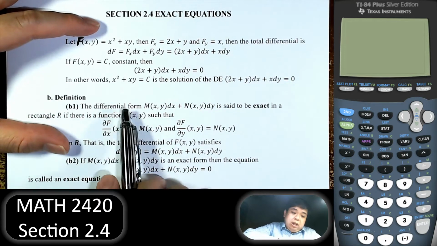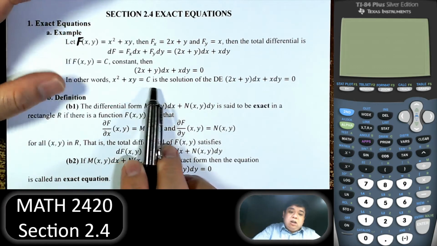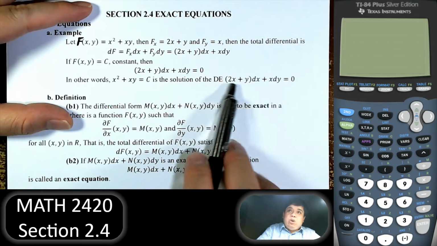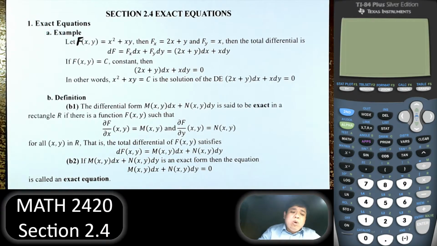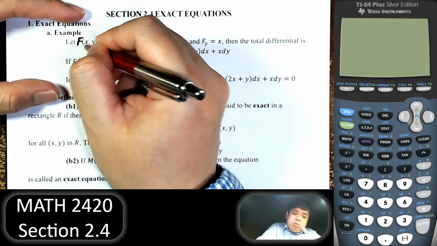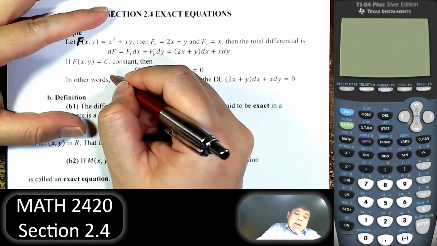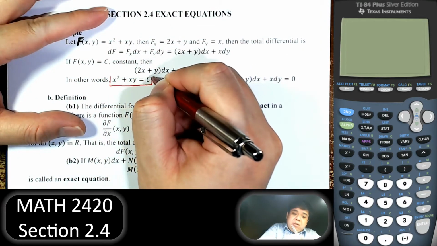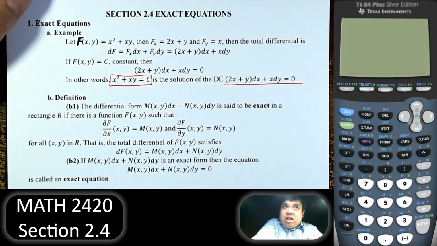So in other words, this equal to a constant is the solution of the differential equation here. The way we write the solution, we're not writing F of x y equal to something. We write an equation in implicit form, something like that, as the solution to the exact equation.